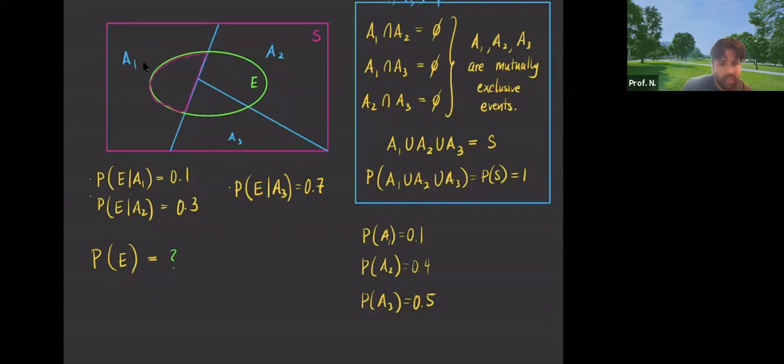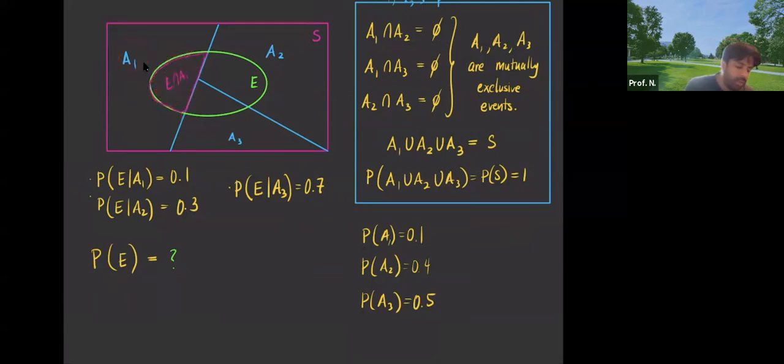You don't need extra ways of separating E. Just use E and A1. Right, that's right. This here is E intersect A1. It's the intersection of E with A1. That's what this region is.